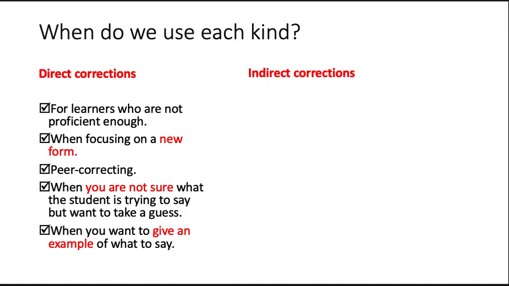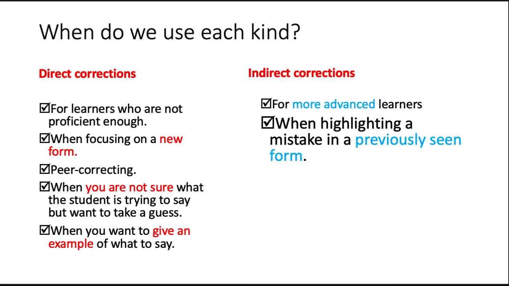So indirect correction is great for more advanced learners, and when highlighting a mistake in a previously seen form. One of the greatest strategies if you want to blend direct and indirect is to give a direct correction the first time you see a mistake, and then for all subsequent errors, simply circle it.